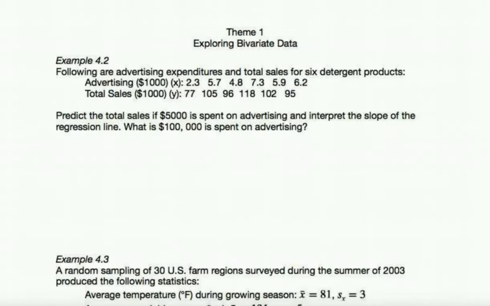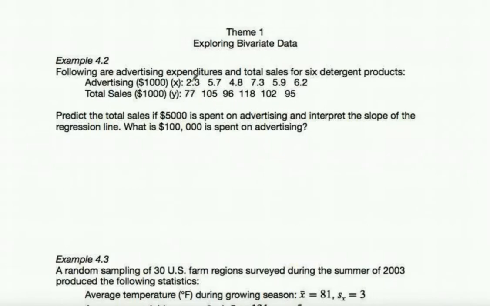On example 4.2, we're following advertising expenditures and total sales for 6 detergent products. You've got your X values, which are advertising costs in thousands, and your Y values, which are your total sales in thousands. You can see your numbers there.